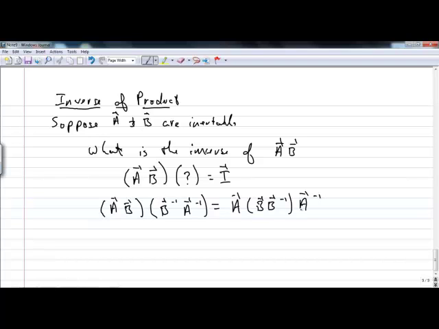So I can write this, and that of course equals A times I times A inverse, which equals A times A inverse, which equals I. So the inverse of the product AB is B inverse A inverse. And we could extend this same idea to products of 3, 4, or more matrices.